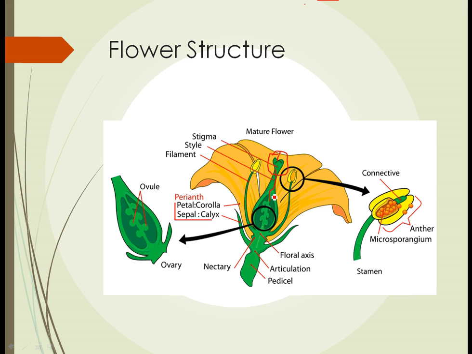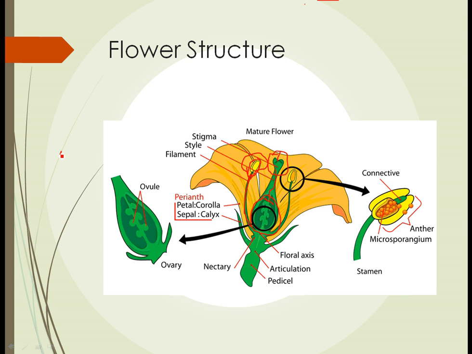Below the style is the ovary. The male parts are up here. This tip is called an anther, and it's where the pollen cells are produced. The anther is supported by this part called the filament.